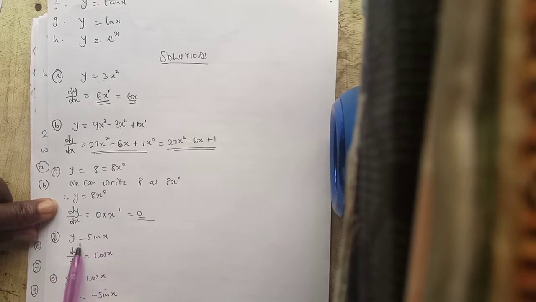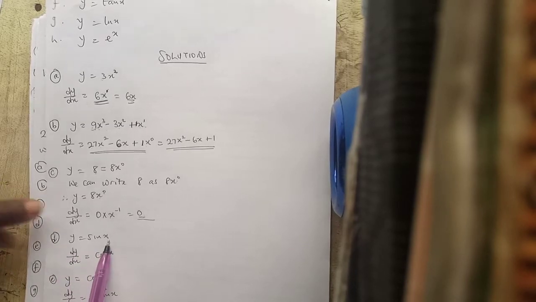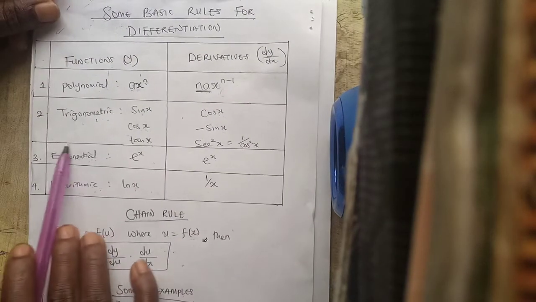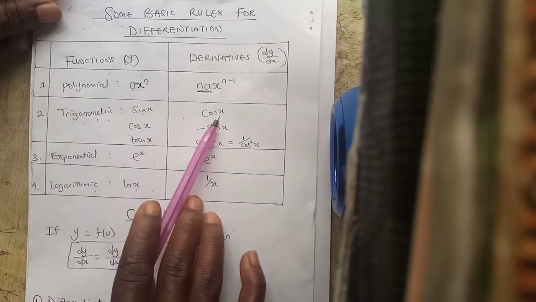So now we move to the next one, which says y equals sine x. When we differentiate y with respect to x, all you just need to do is to go to the table, because that's why I said you should note the table carefully. The table tells us that whenever we differentiate sine x, we are going to have cos x.